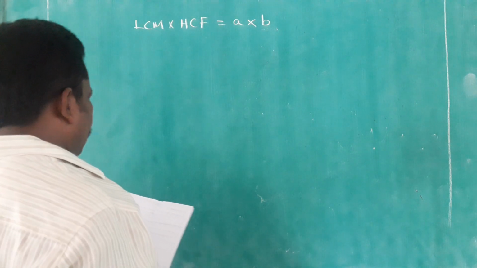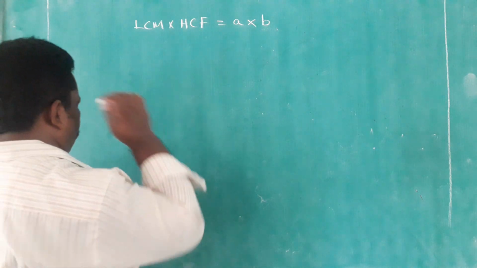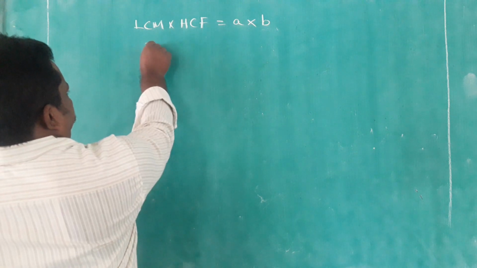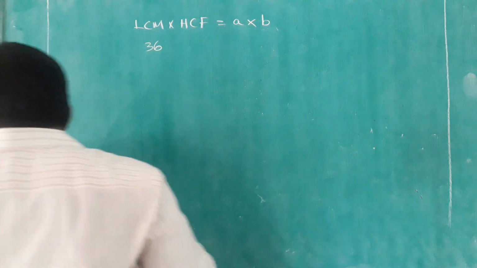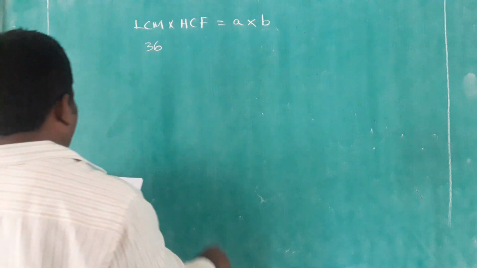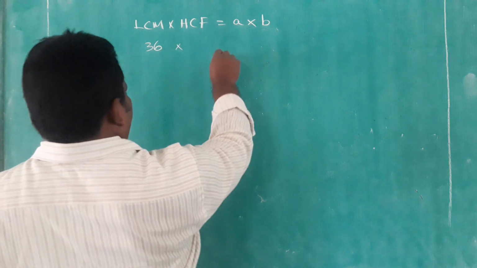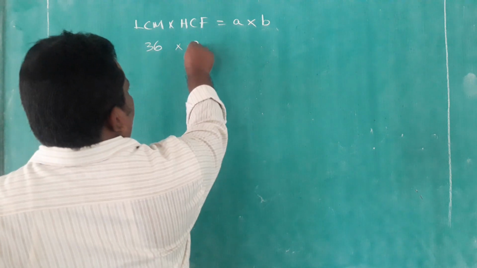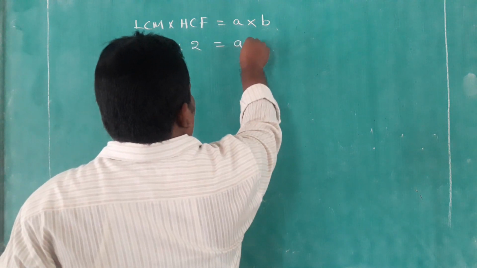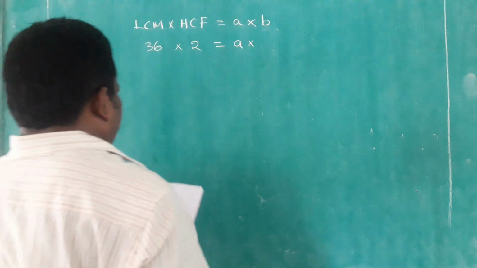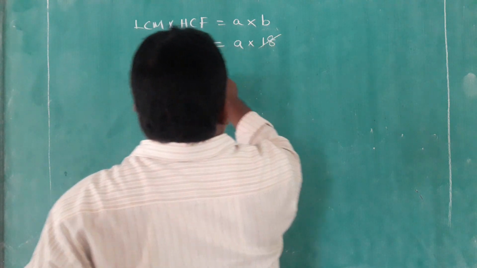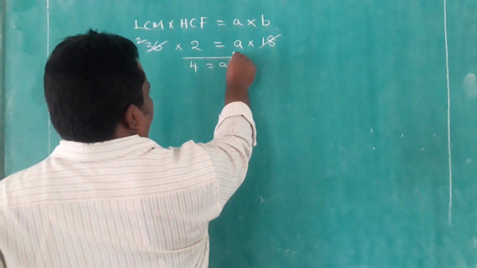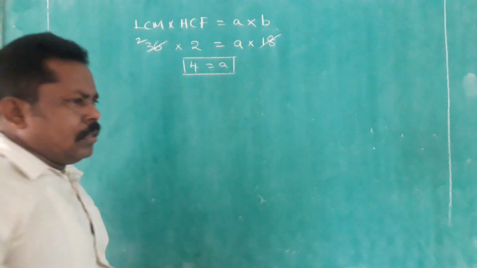Now, the LCM of A and 18 is 36, into the HCF of A and 18, which is 2, is equal to A into 18. So 36 twos are 72, and 18 times 2 is 36... A is 4. A is 4.